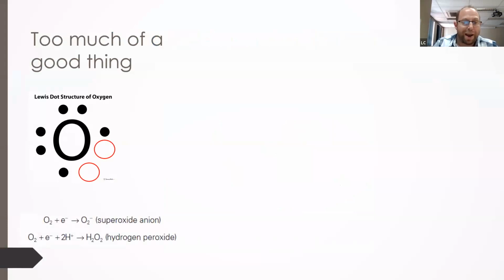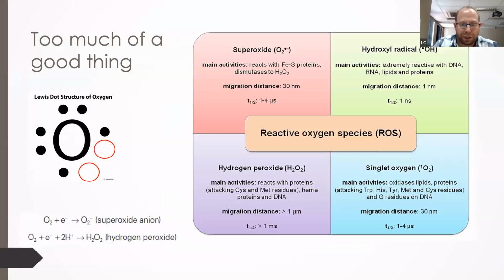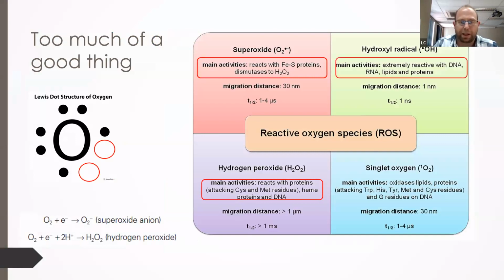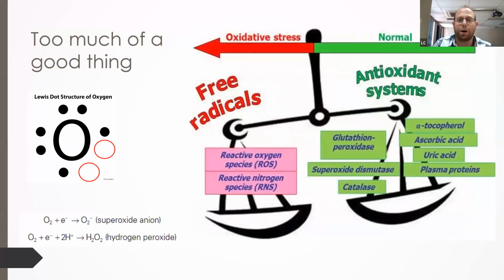So oxygen is a reactive molecule, atom, and can form all sorts of these reactive oxidative species, things like superoxide, hydrogen peroxide, etc. Now, reactive oxygen species are harmful in many ways, shapes, and forms to pretty much every molecule that's important to a cell, be it the lipid bilayer, be it the proteins and enzymes, be it the heme molecules, be it the DNA itself. And in fact, to the point where the toxicity is such that all these organisms have had to evolve antioxidant systems purely to survive.